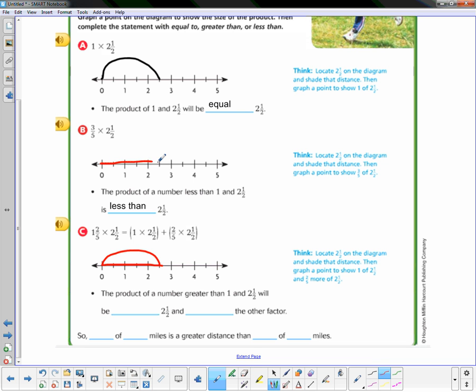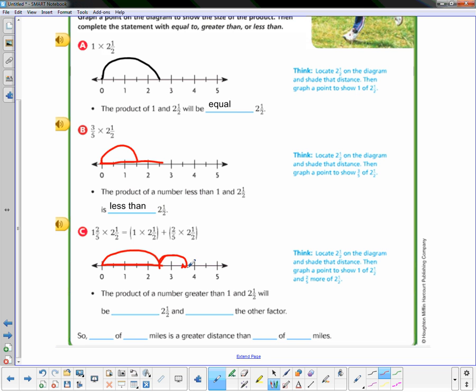This was the 2.5, and we went 1, 2, 3, 4, 5. We jumped 3 of my fifths, so I'm going to jump 3 tick marks. 1, 2, 3. Oh, this one's 2/5 though. I almost led you astray. Instead of 3/5, we're going to times it by 2/5, which would be 1, 2. Right there.